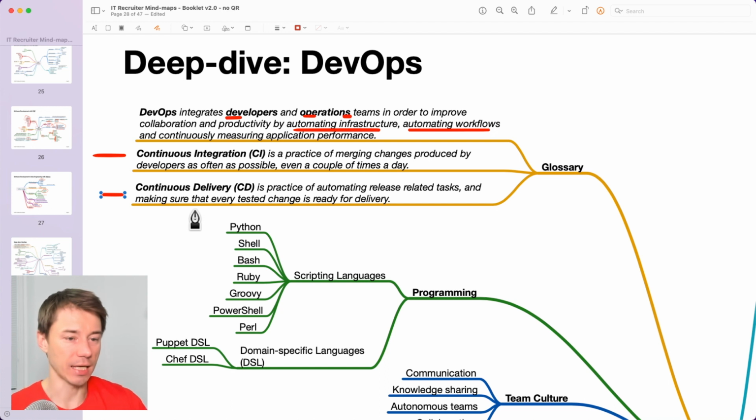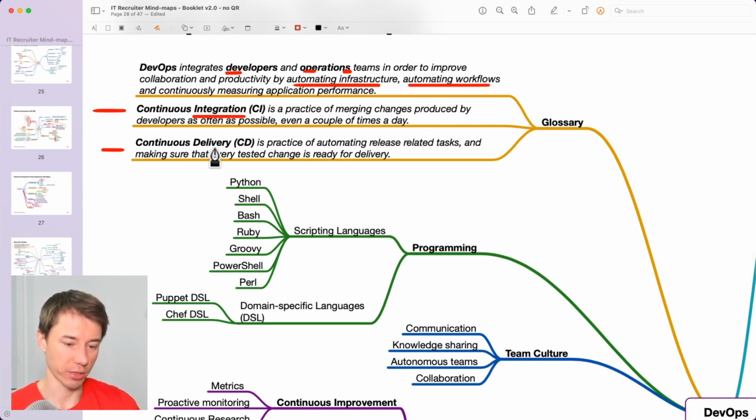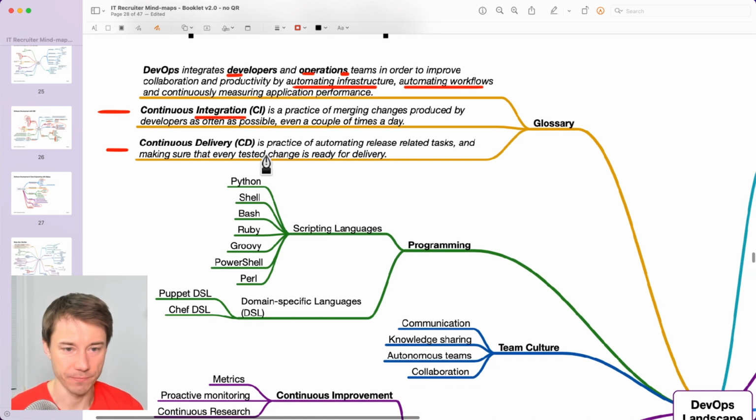So it is the delivery to production. It is the release. Continuous integration is merging code from different developers together. That's why it's integration, because the code is integrated, and the delivery is to the production environment.